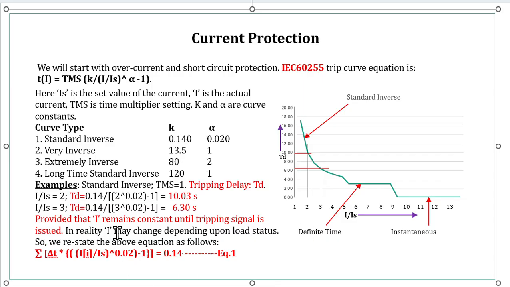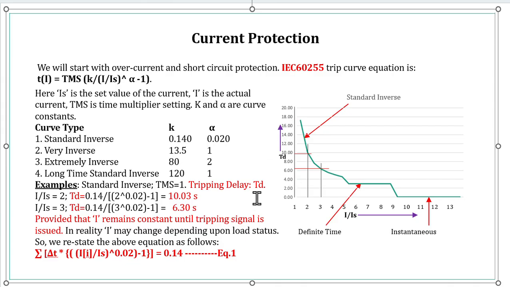This is provided that I remains constant until the tripping signal is issued. You see the importance of this statement? If I upon IS is 2, then the time required is 10 point something. If it is 3, then you require approximately 6 seconds.